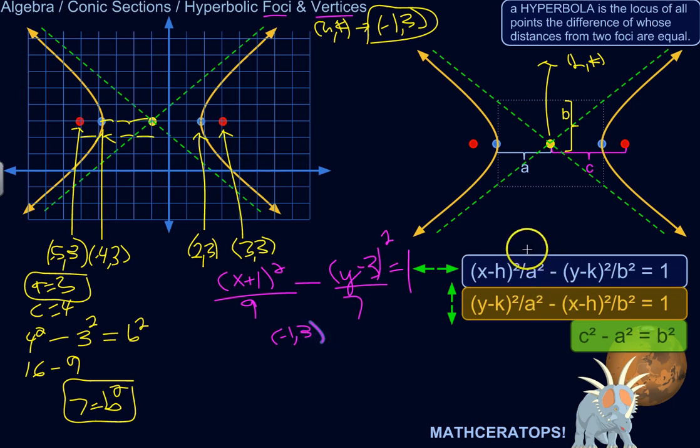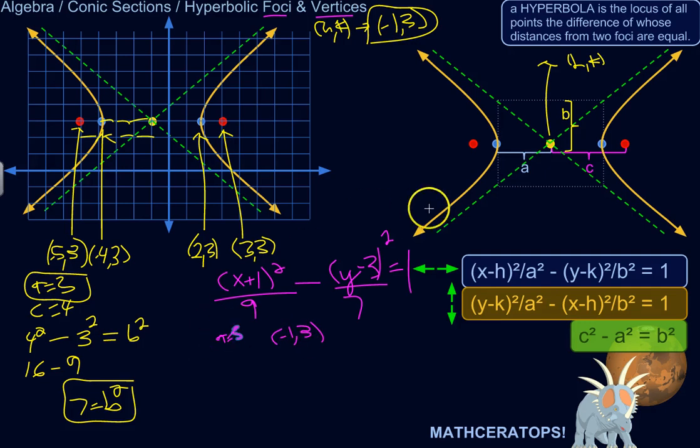Okay, so a squared is 9. A is the distance from the center to the vertex. So if a squared is 9, a would be 3, which we knew from before. So the distance from the center to the vertex is 3.